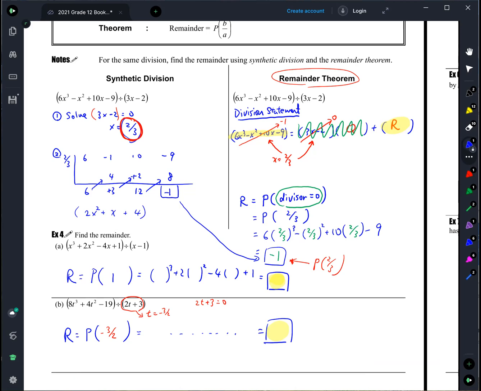Please raise your hands if you are done. These two, just plug into the calculator or do it by hand.